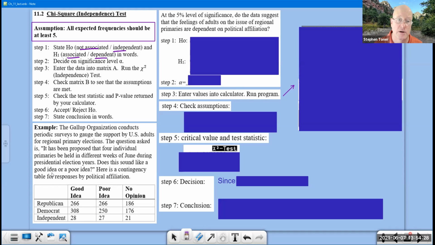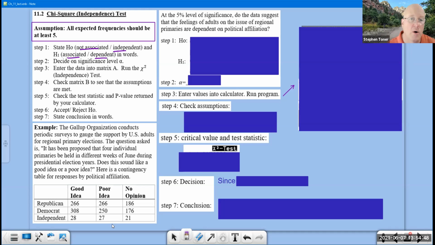Does this sound like a good idea or a poor idea? And here is a contingency table for responses by political affiliation. In other words, we have a variable along the sides of what their political party is, and then we've got a matrix of their opinions: good idea, poor idea, no opinion.